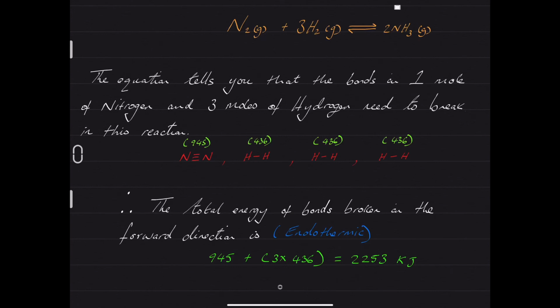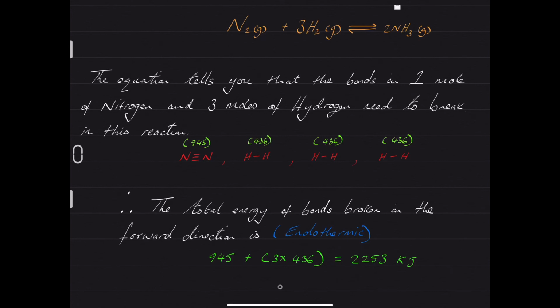Then for hydrogen, you see the hydrogen to hydrogen bond, and the energy required to break that bond, which is 436. I've listed it 3 times because you have 3 moles of hydrogen. Therefore, you have 3 lots of it.